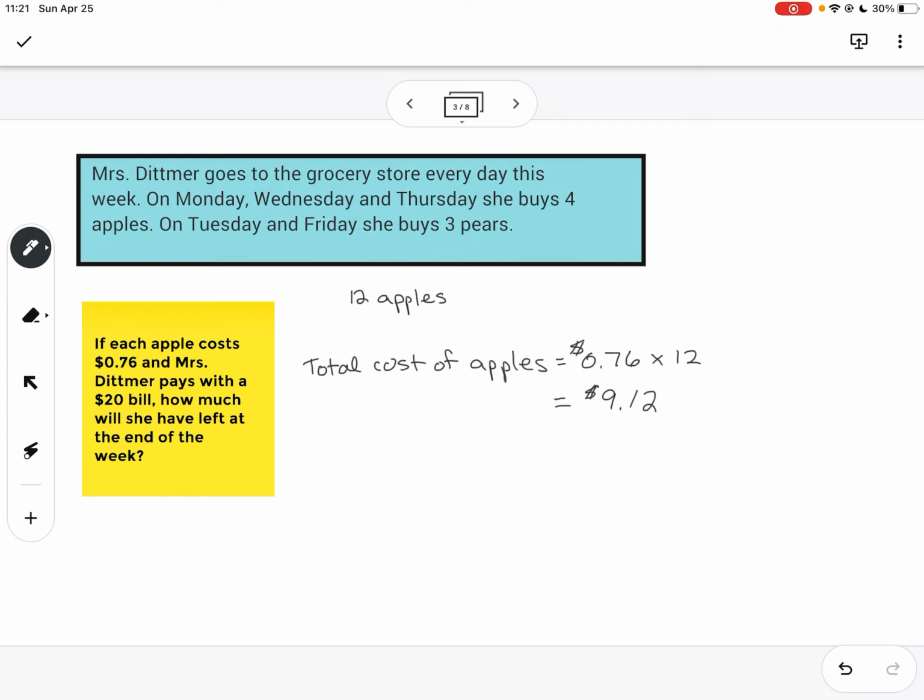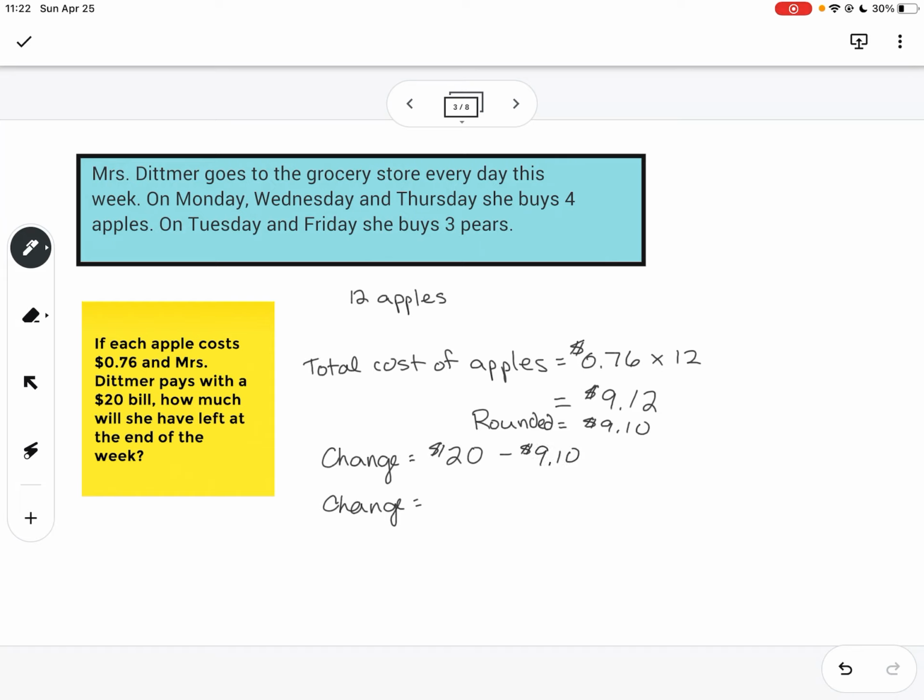$9.12. So then my change is going to be my total that I paid with, which is that $20 bill. And I'm going to take away the total cost of my apples. And probably what I should do first here is actually round my total, because I'm looking for change. So let's write that in. My rounded total would actually be $9.10.